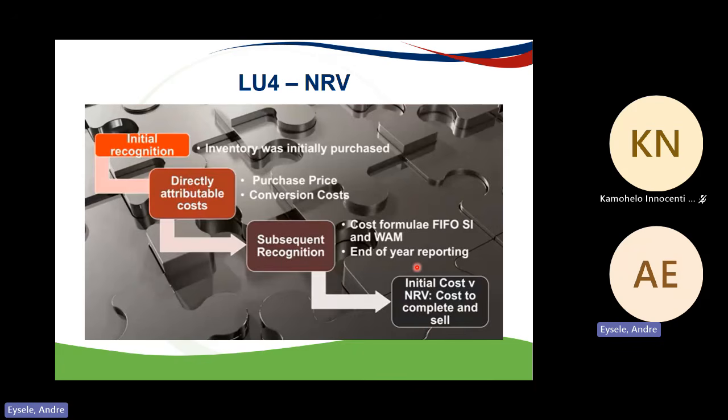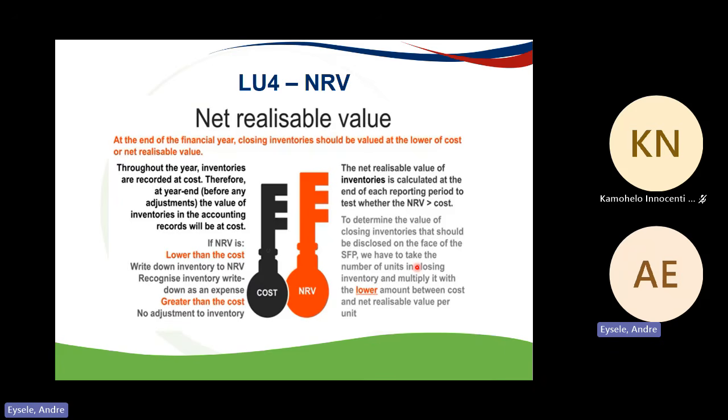This is what we are looking at now, your net realizable value. As I've indicated to you, at the end of the reporting period for disclosure purposes, you need to compare your cost to your entity-specific net realizable value for your inventories.